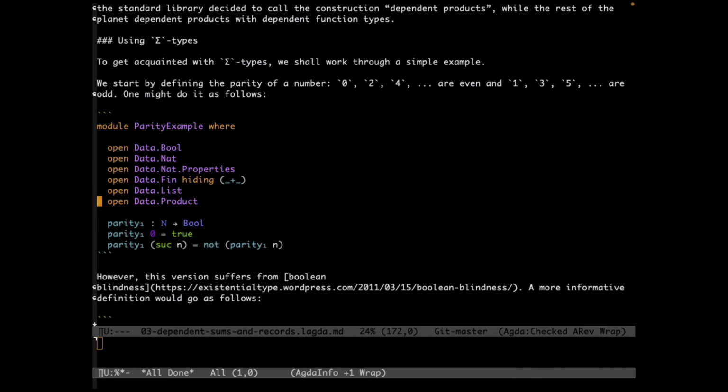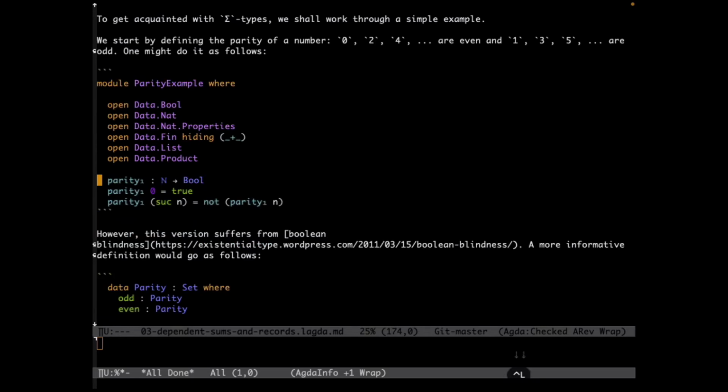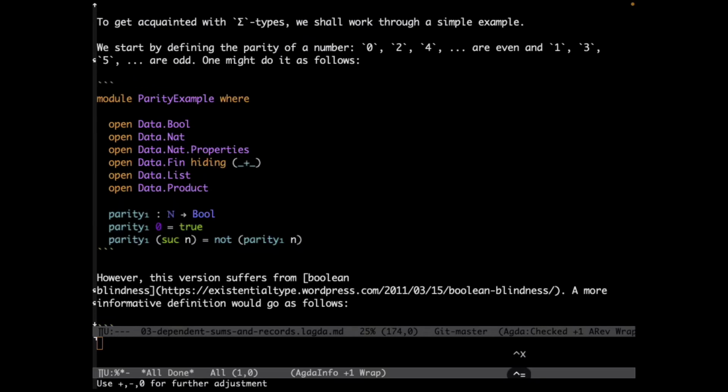Now, to have some substance, let's look at a very simple function, namely the parity function. So you want to calculate the parity of a number. 0, 2, 4, those are even numbers. 1, 3, 5, they're odd numbers. If you didn't know better, you might implement it like this. You would say parity is a map from natural numbers to Booleans.